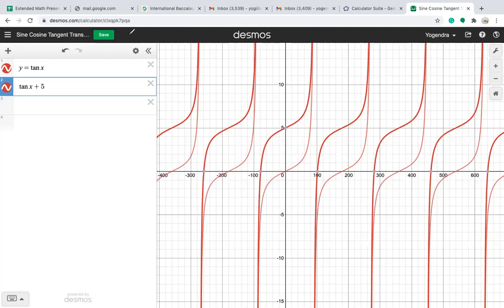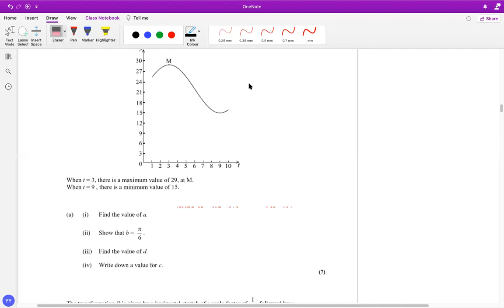Now let's take one IB exam question that can help us understand this topic better. Let's take an IB example from a standard level past paper. They have given a trig model that has a maximum value at 3, 29, and the minimum value at 9, 15.